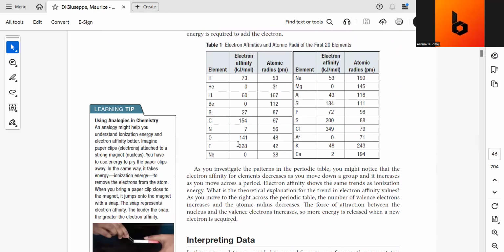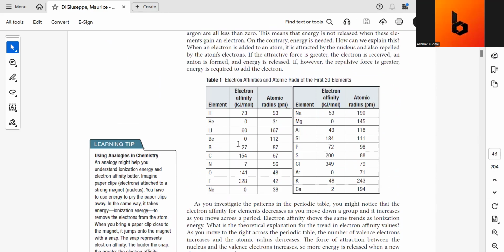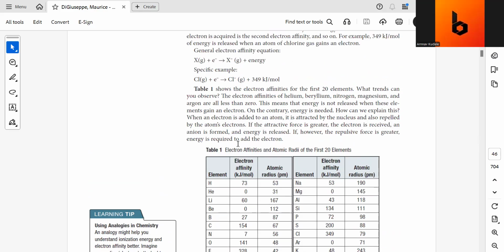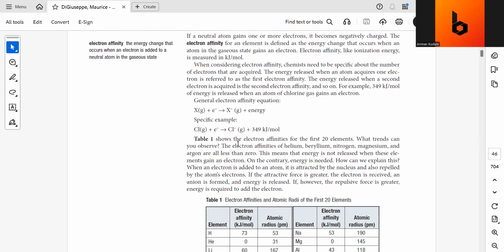Now check over here. They have given only positive numbers. Are these absolute values? I believe so. The way it is represented, plus means it is an exothermic reaction. That is, energy is released.